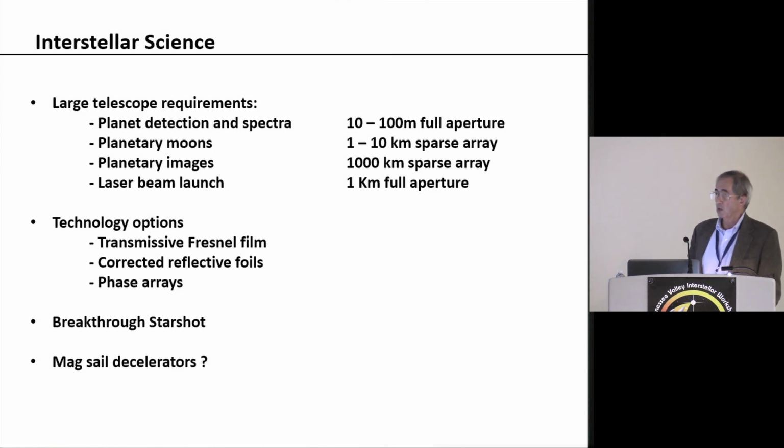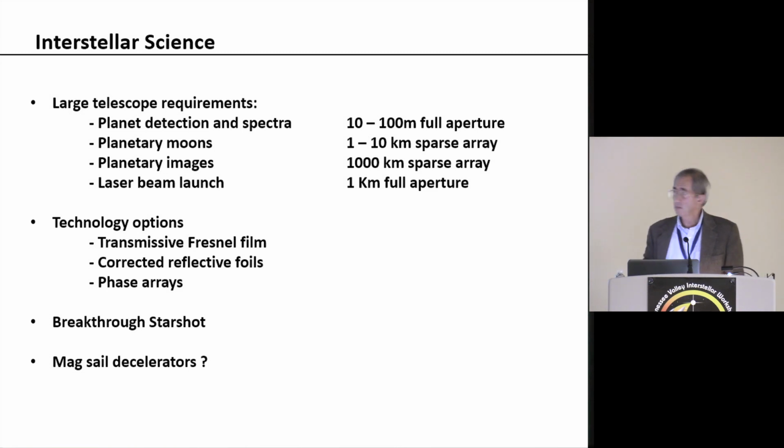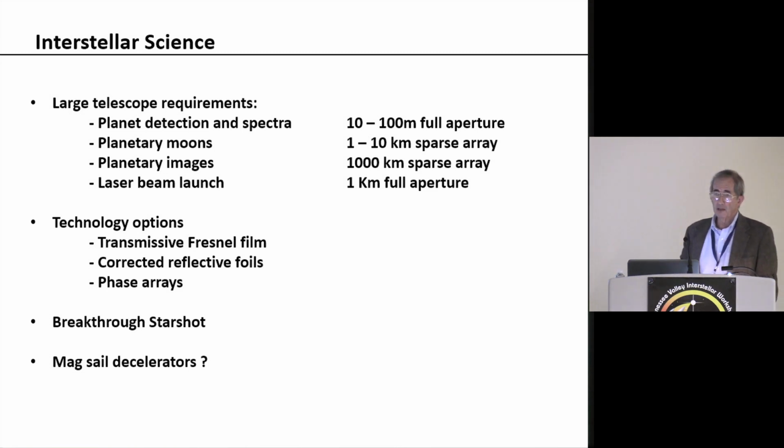To be able to distinguish a moon from the planet that's circulating another star system, you need to get to interferometry, and you're looking at 1 to 10 kilometer baselines to get that sort of resolution. You will fill these apertures maybe with these 10-meter telescopes to get the signal that you would like.